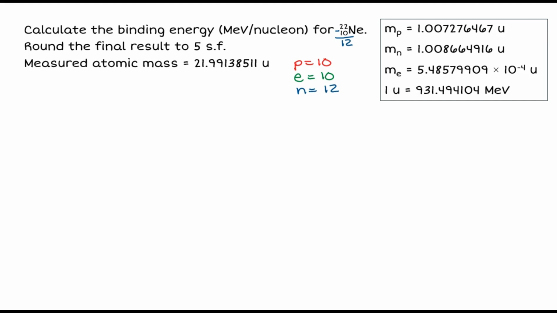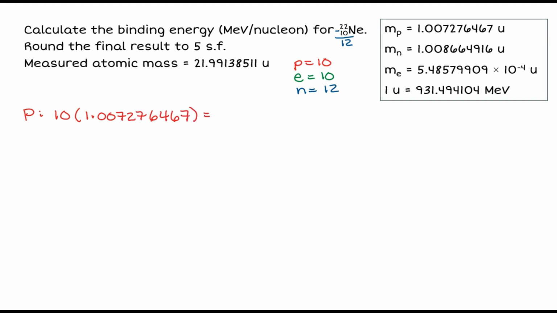Now we need to calculate the contribution in mass from each particle, the protons and the neutrons. And I'll go ahead and start with protons. So for protons, I have 10 times the mass of the proton, 1.007276467.